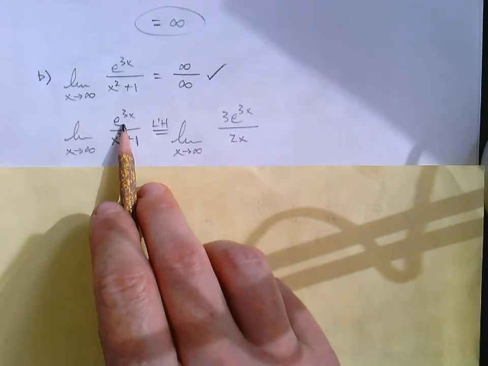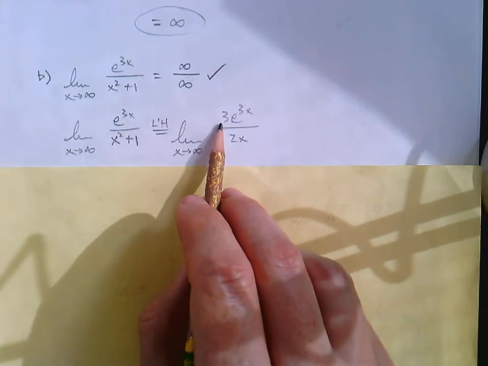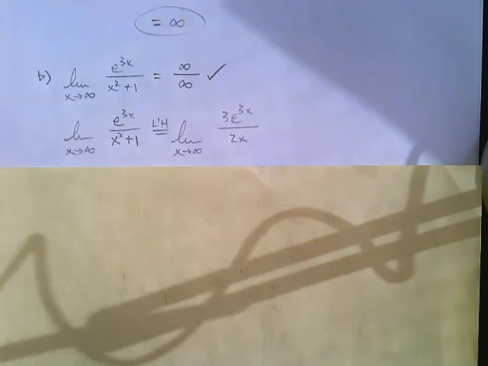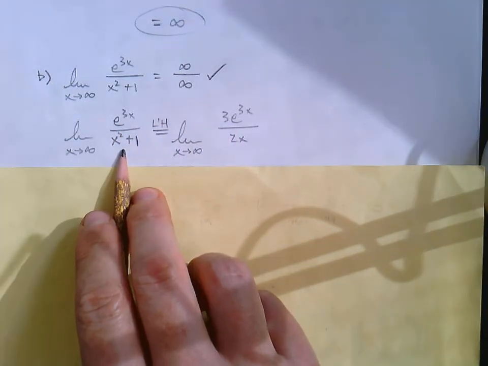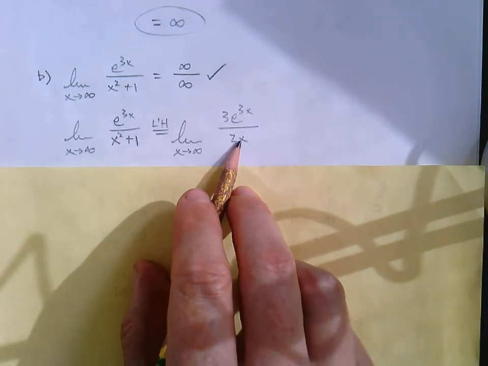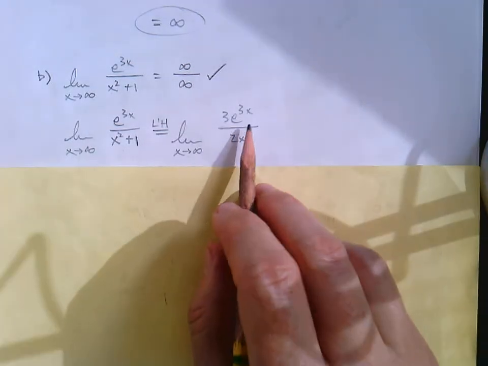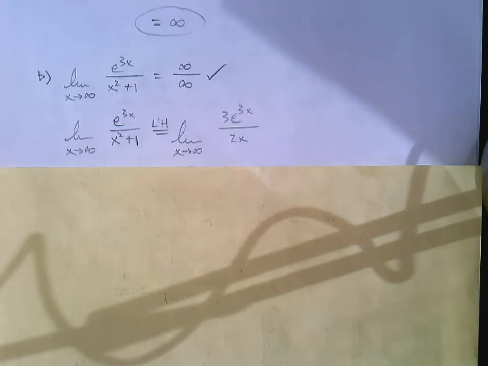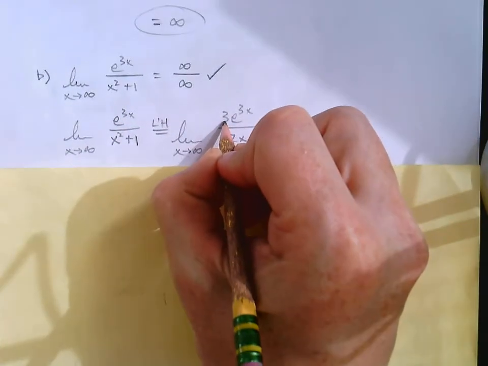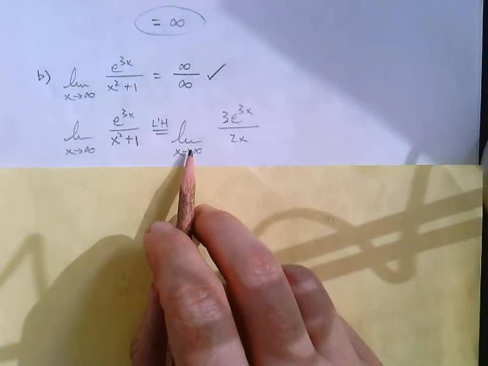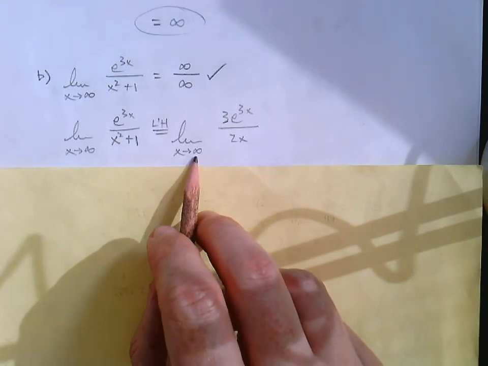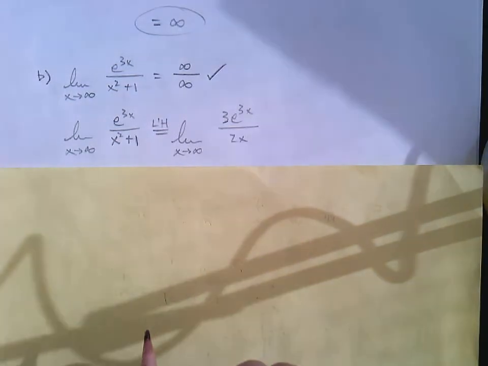Well, just the same, derivative of e to the 3x, let's just go ahead and write it as 3e to the 3x. Derivative of x squared plus 1 is 2x, so there we go. Now, there's nothing to simplify here, right? There's nothing to write any differently.